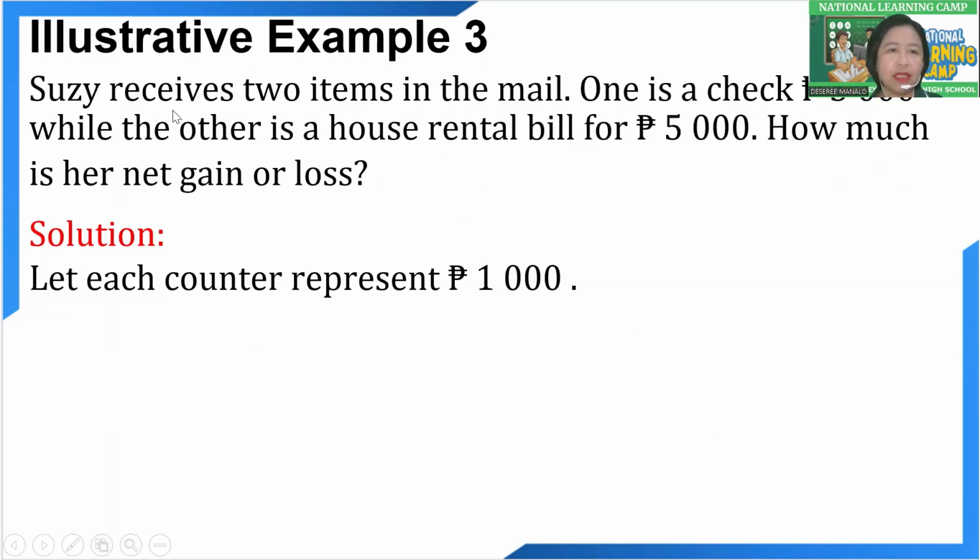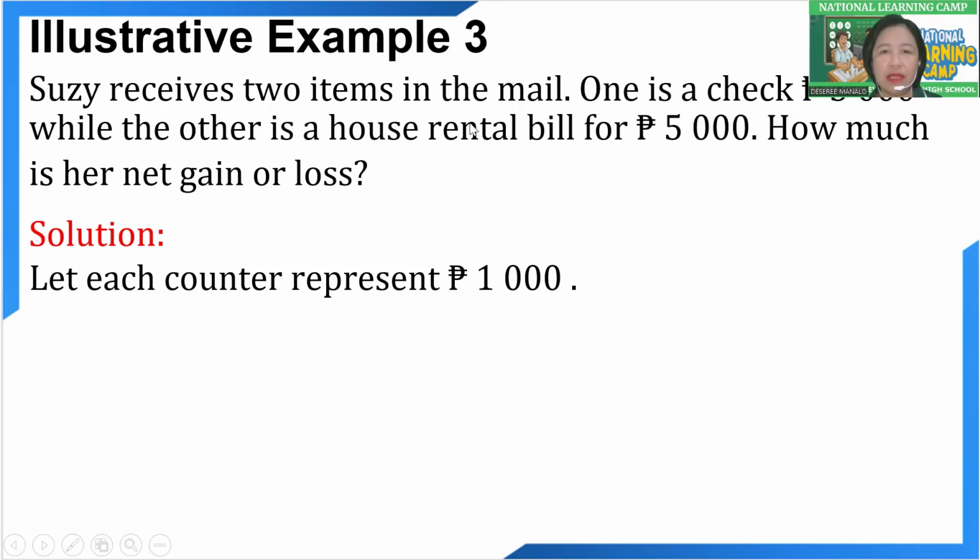Next, Susie receives 2 items in the mail. One is a check amounting to 3,000 pesos, while the other is a house rental bill for 5,000 pesos. How much is her net gain or loss?